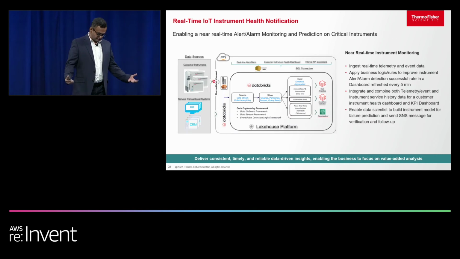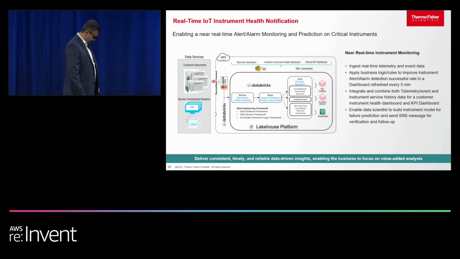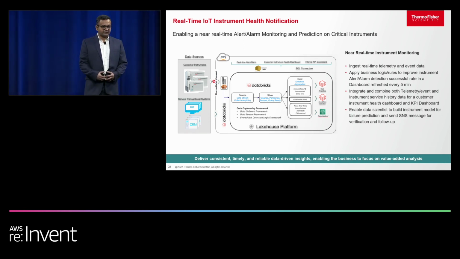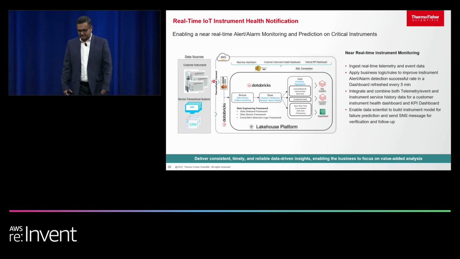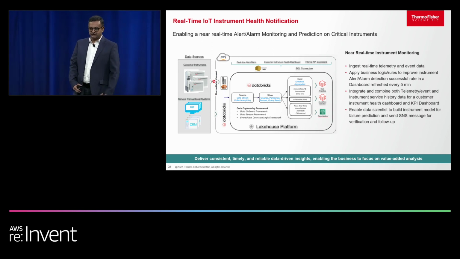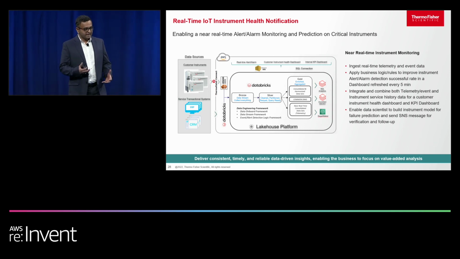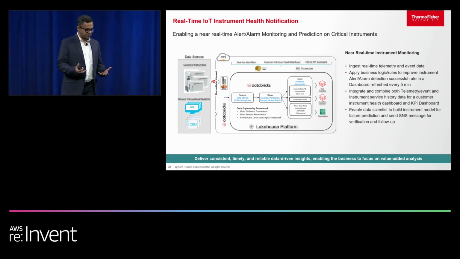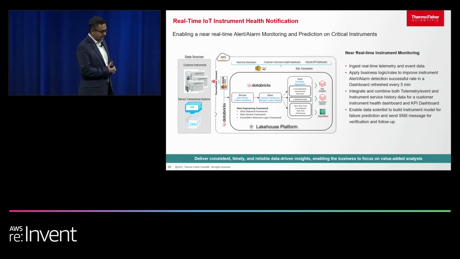The other use case: we talked about Thermo Fisher being a scientific company, we have a lot of instruments in the field. And especially when you have instruments in the field, it's very appealing to see how we can be a differentiator as a company by giving more predictive analytics to our customers for the instruments in the field.